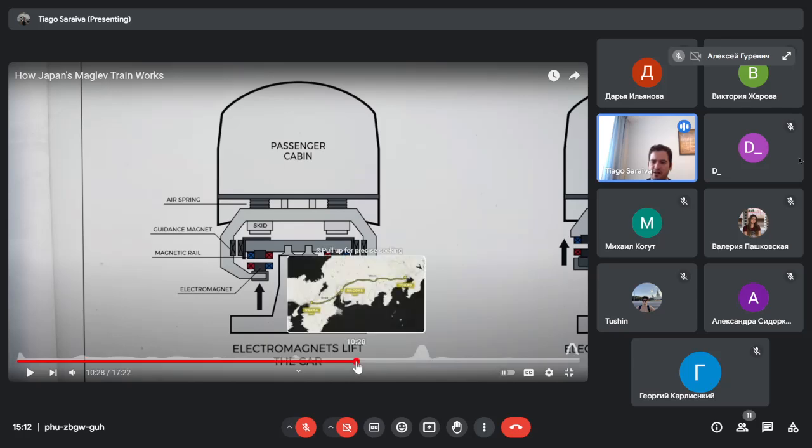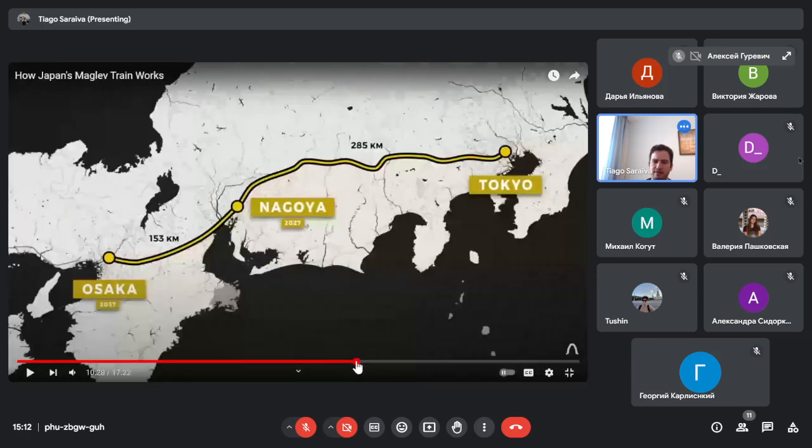I think they are building now in Japan this line from Osaka, Nagoya to Tokyo. It will be a line more than 400 kilometers long, and by 2027 the part to Nagoya will be ready. So maybe one of you guys can go there and check for yourself. By 2037, I hope we are all alive and we can go from Tokyo to Osaka.